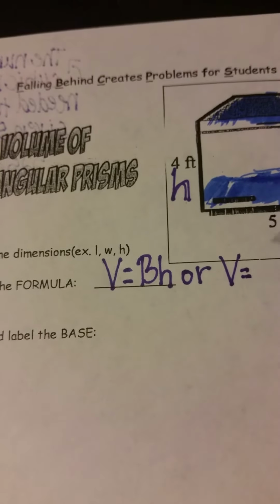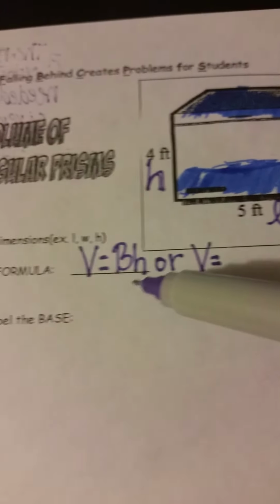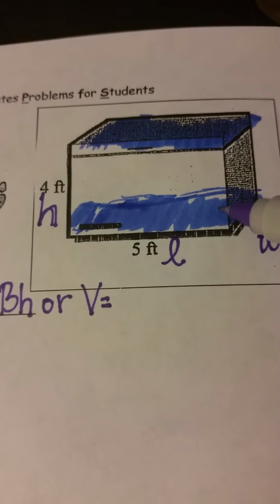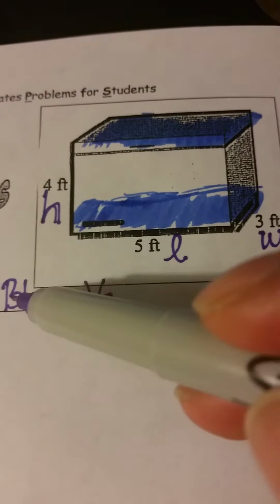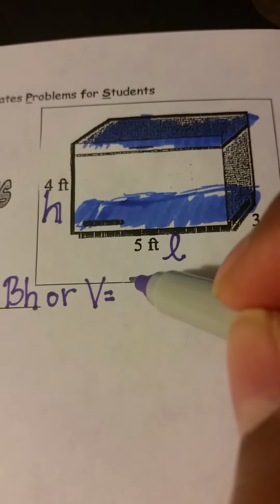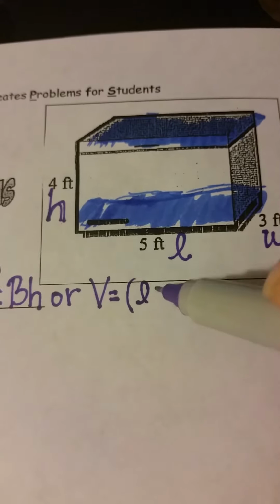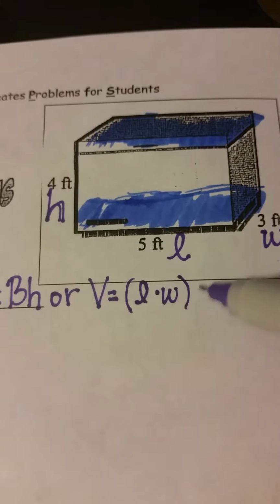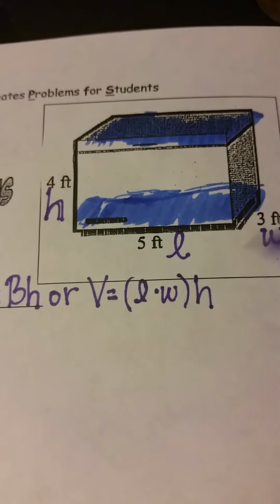Volume equals, okay, big B is the area of the base. So my base is a rectangle. So I'm just going to substitute for big B. I'm going to put whatever that is. So it's length times width. And then times the height of the entire figure.